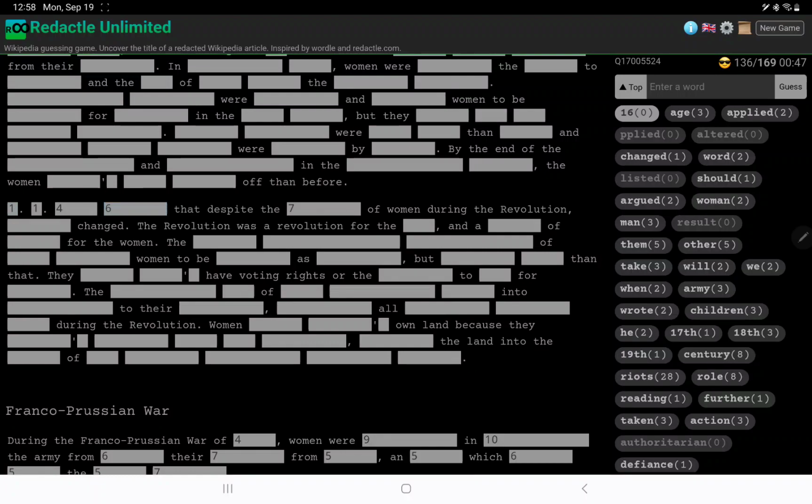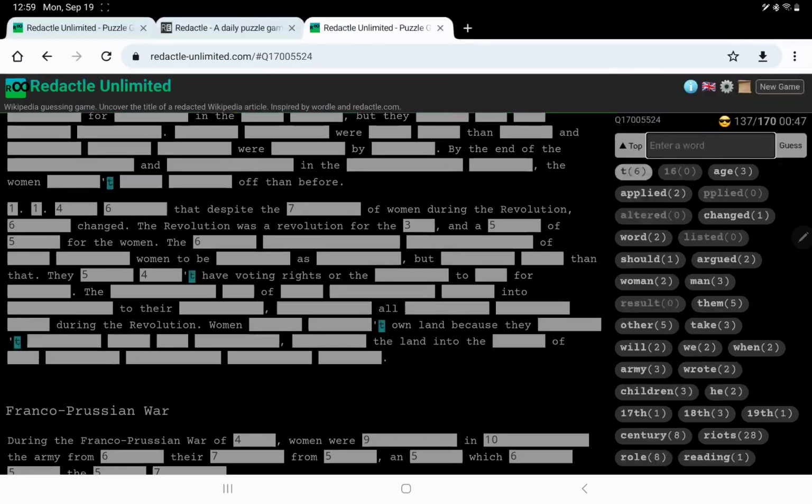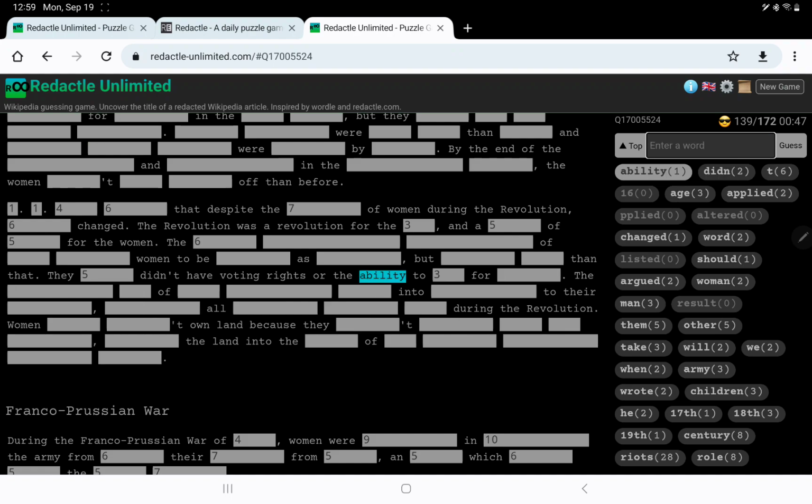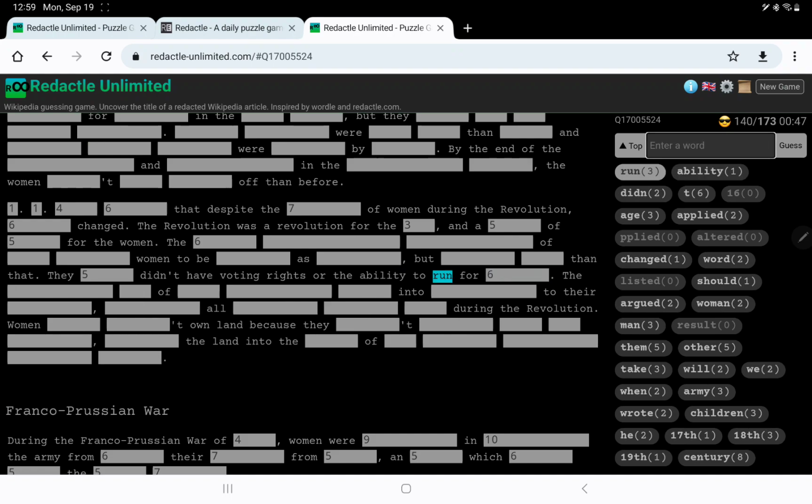Somebody, I suppose. Somebody's name, 114-6, that despite the 7 of women during the revolution, something changed, or maybe nothing changed. They didn't have voting rights, or the ability to 3 for 6 to run for office.